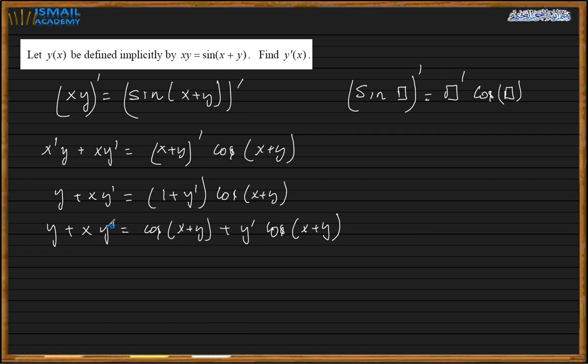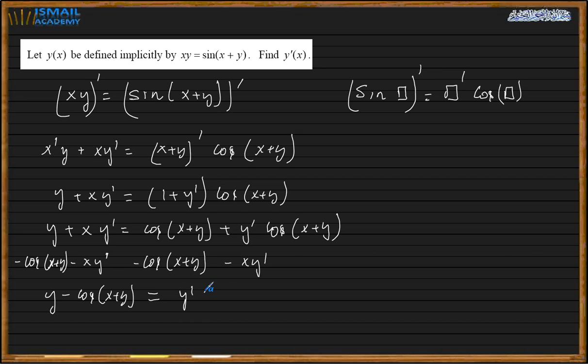Now I get all the y prime on one side and the rest on the other side. So I minus x y prime on both sides and minus cosine of x plus y on both sides too. I get y minus cosine of x plus y equal y prime cosine of x plus y minus x y prime.